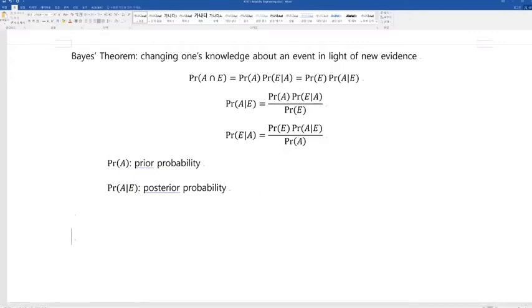So I'm going to move on to section 2.3. From now on we are going to see many probability distributions. Section 2.3 is about probability distributions.